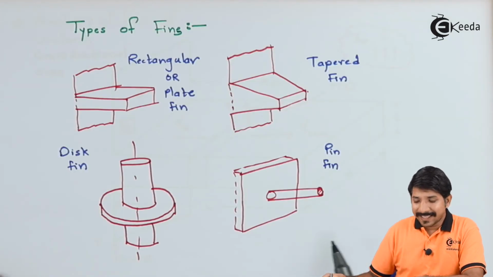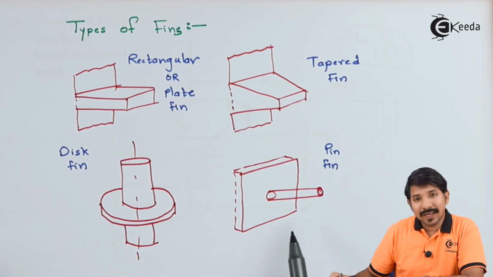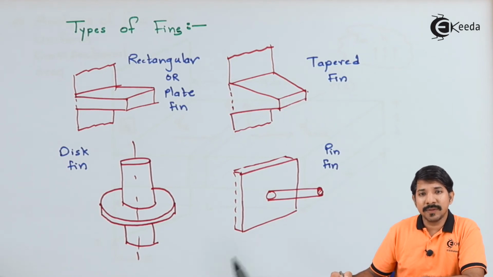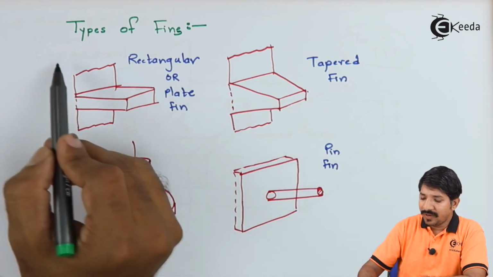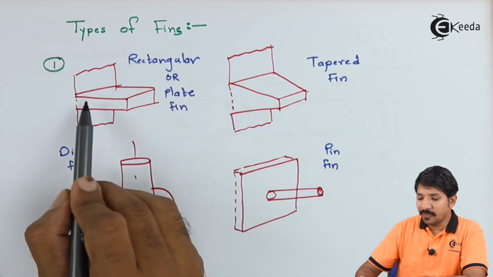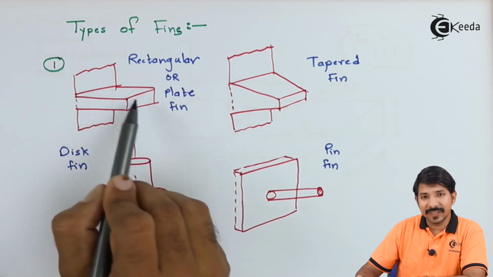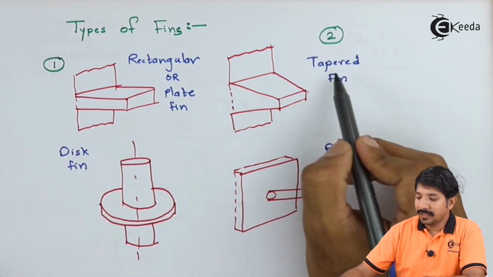Now let us look at the types of fins. There are so many types of fins, but right now we will classify the fins according to their shape. The first one is rectangular or plate shape, where obviously the shape of the fin is a plate. The second one is a tapered fin.